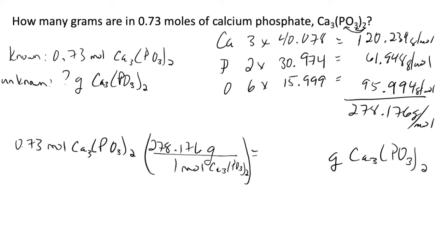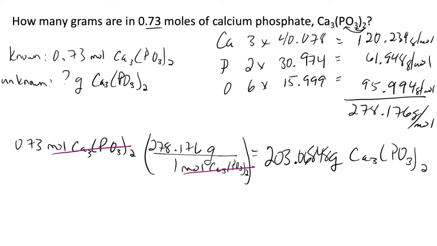So now we're going to cancel out moles, which leaves grams, and we will multiply across. So that's 0.73 times 278.176, divided by 1, and that gives us 203.06848 grams of calcium phosphate.